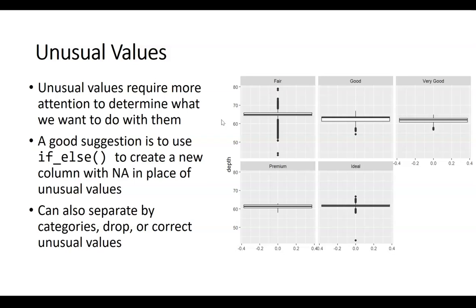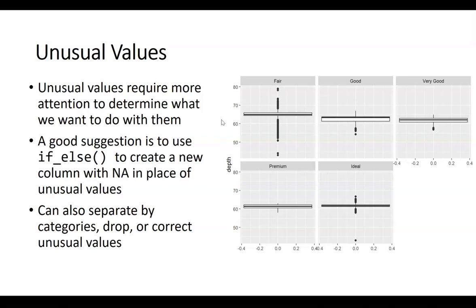This ensures that you haven't truly thrown the data away and lost it forever, but using the new column with NA values in place of the original column will ensure that the outliers are not being considered when creating a particular plot or doing a particular calculation.